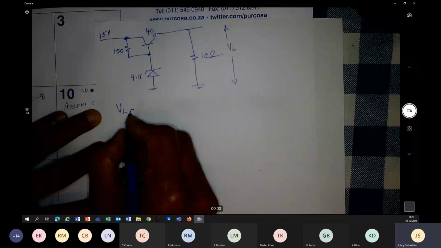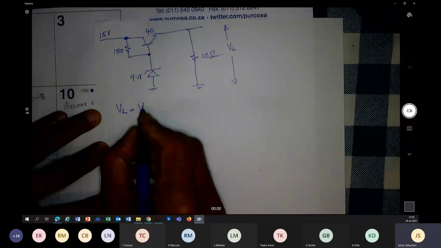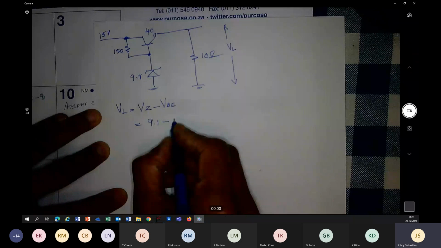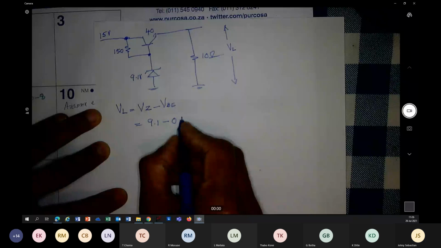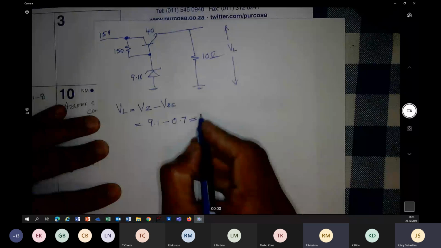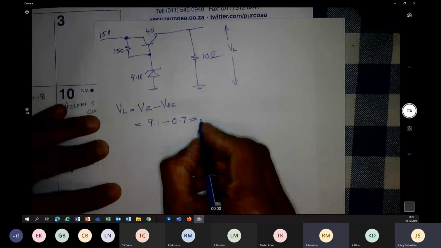VL is VZ minus VBE. That is 9.1 minus 0.7. Give me the answer. 8.4 volts. That is your load voltage.